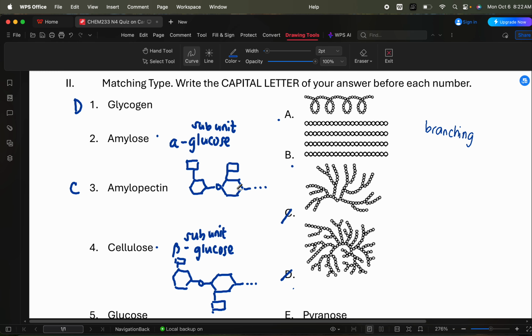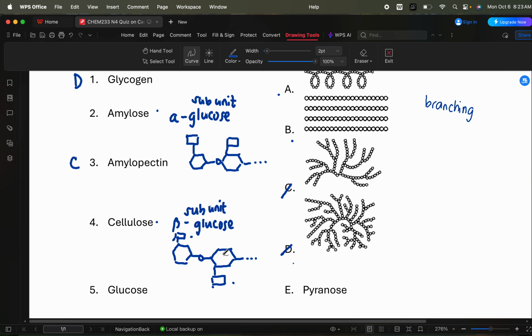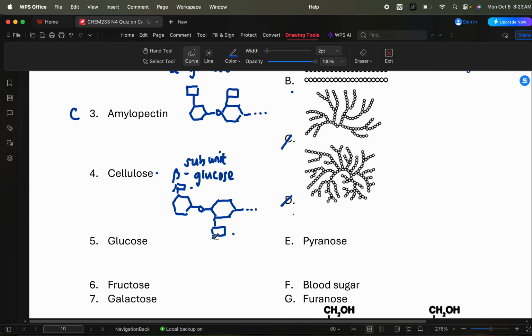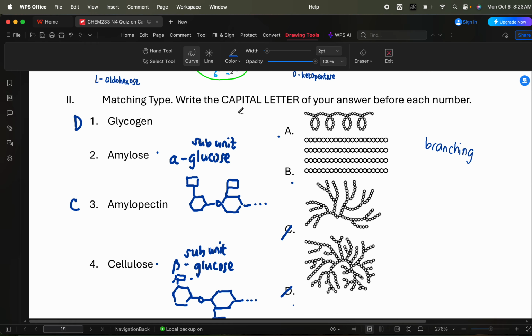Okay, and so this one is beta because of the arrangement. If alternating, there is capacity to bond, so this substituent here can bond with another sugar, another pyranose subunit.